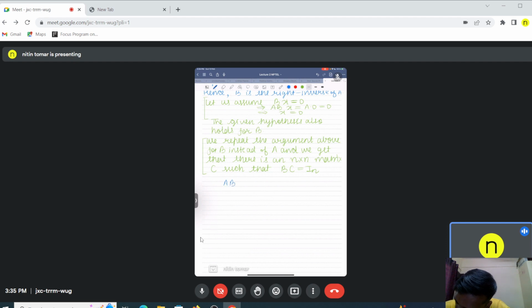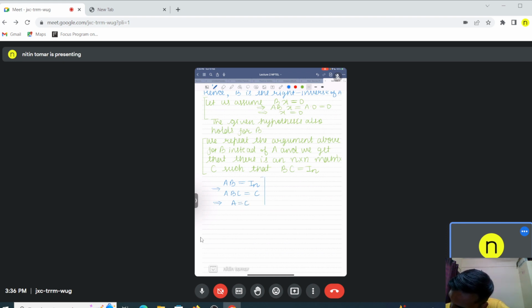So AB is identity, right? This was given, correct? Now if you multiply both sides by C, what do you get? C. But BC is identity, so you will get A equal to C, right?